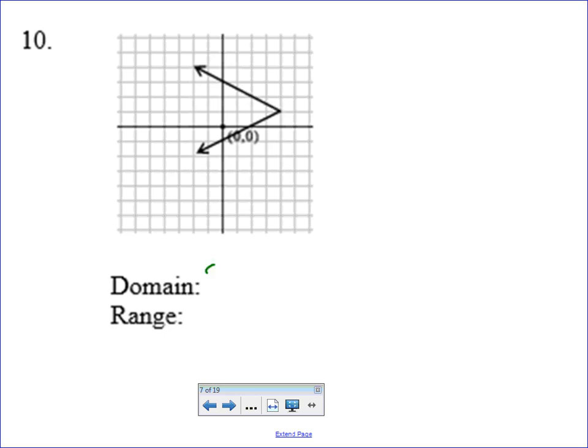We can either use set builder notation and say the domain is all values of x such that x is, now, what is the highest x value is 4. And then the x values keep going this way forever. So we would say our domain is all values of x such that x is less than or equal to 4. And that's what's known as set builder notation.